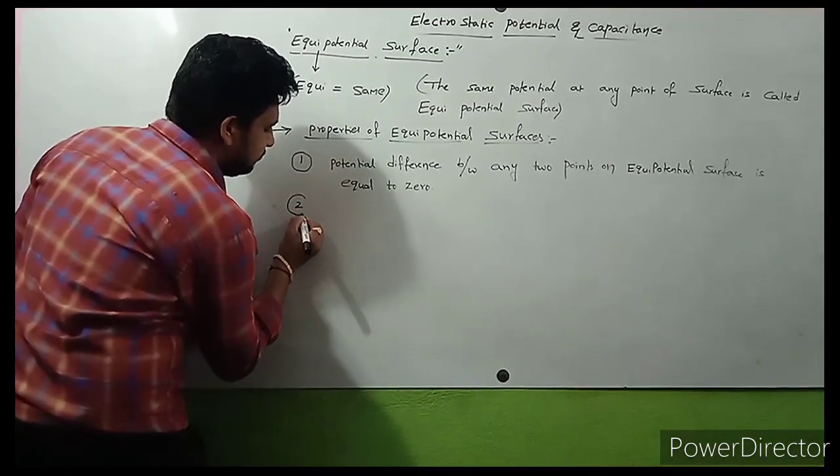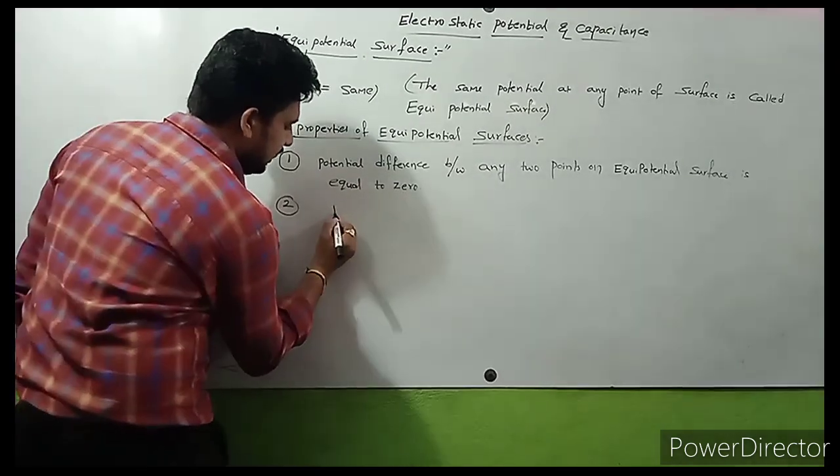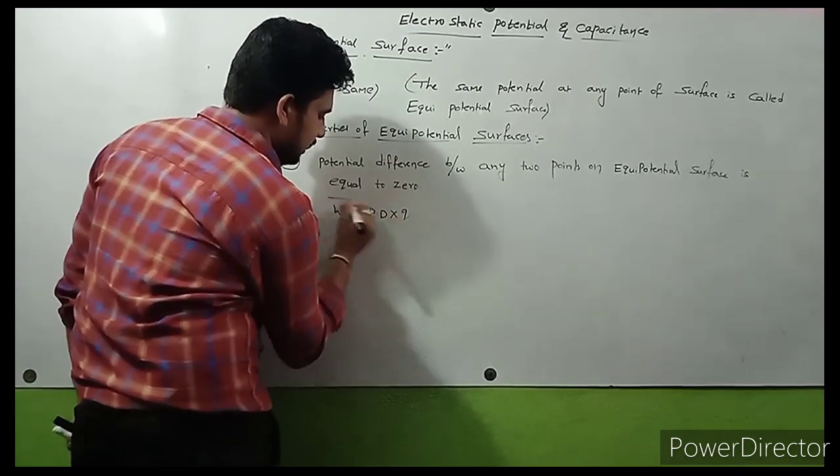Then second thing, potential difference is 0 means work done is equal to potential difference into Q. Am I right?